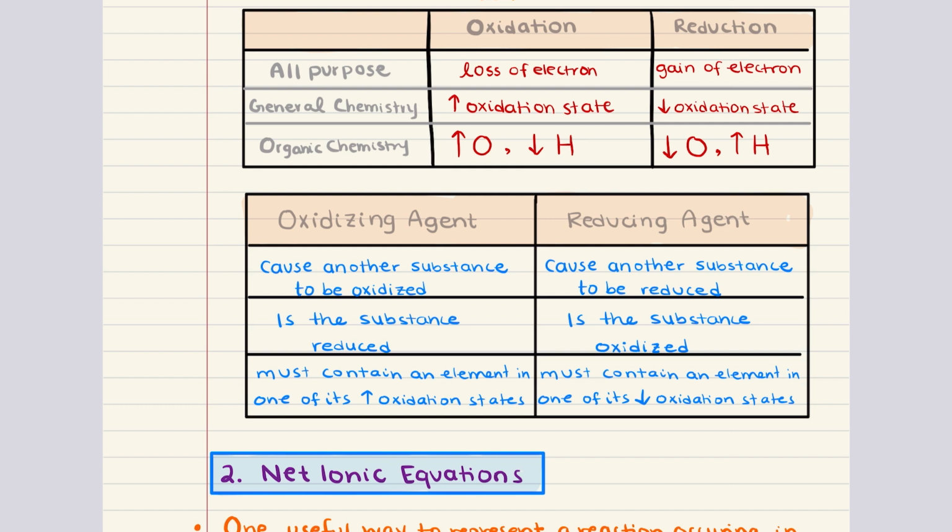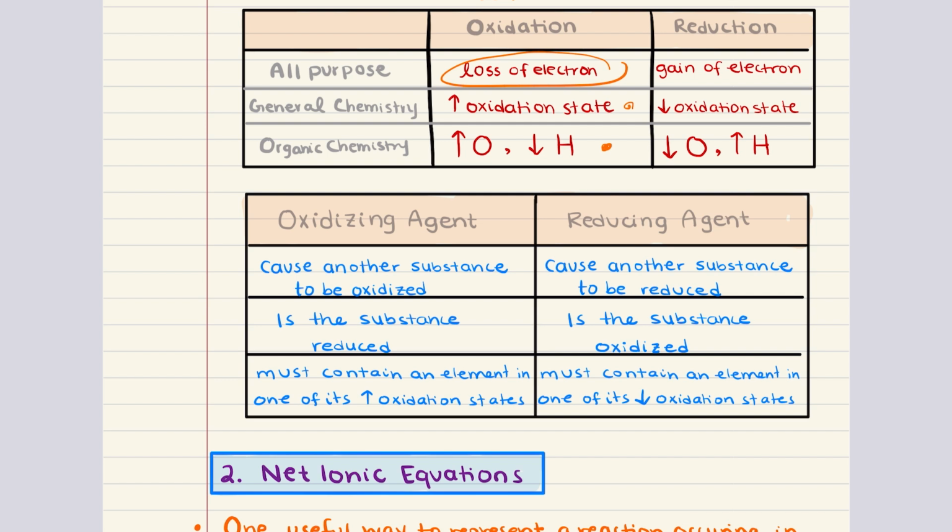For oxidation, oxidation refers to the loss of electrons. That is the all-purpose definition. In general chemistry, oxidation is characterized by an increase in the oxidation state of an element. In organic chemistry, oxidation is often associated with the gain of oxygen or the loss of hydrogen. For instance, when a molecule loses hydrogen atoms or gains oxygen atoms, it is said to be oxidized.